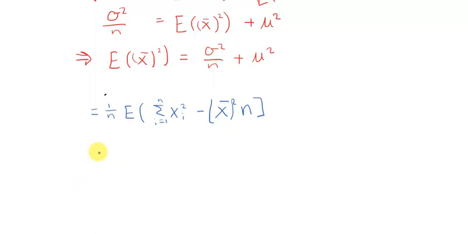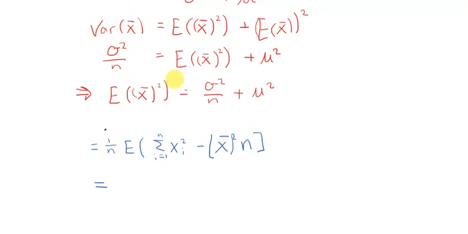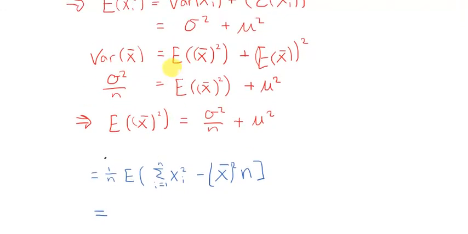We have 1 over n, and the first term is n times sigma squared plus mu squared, which we're getting from here.